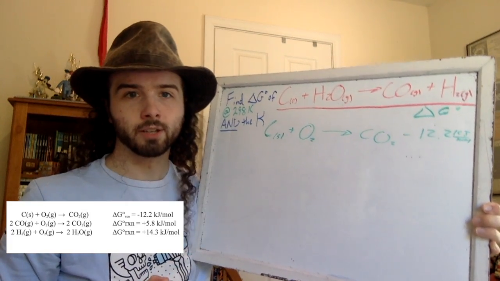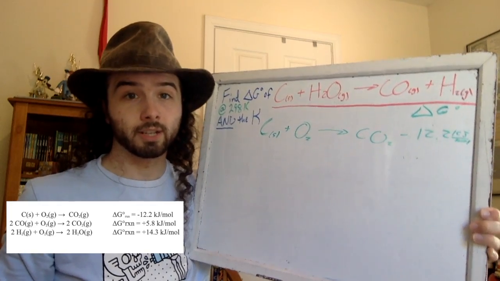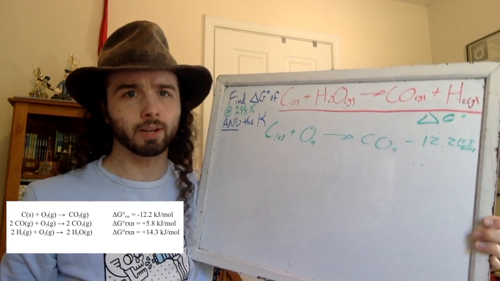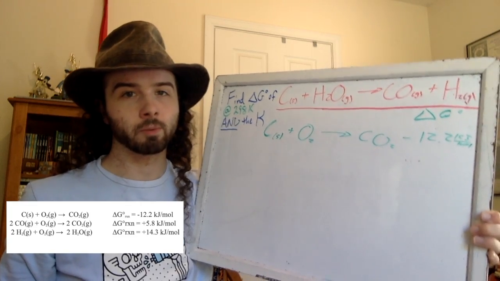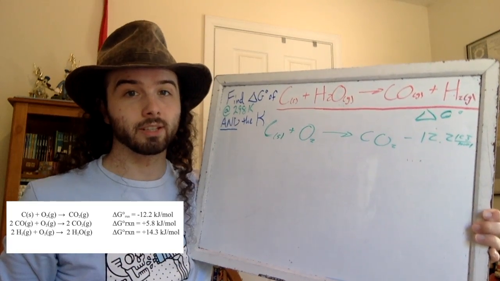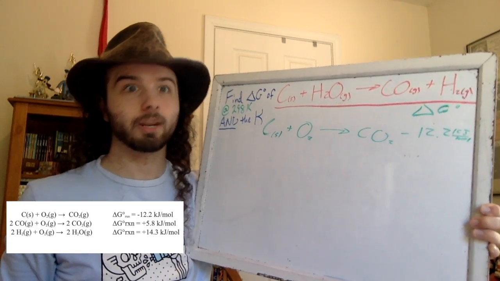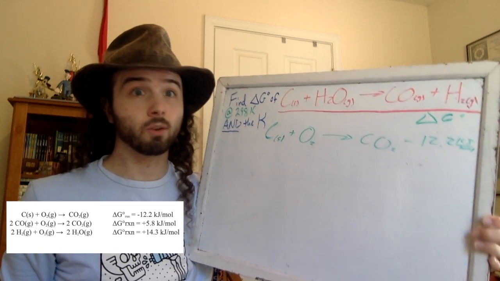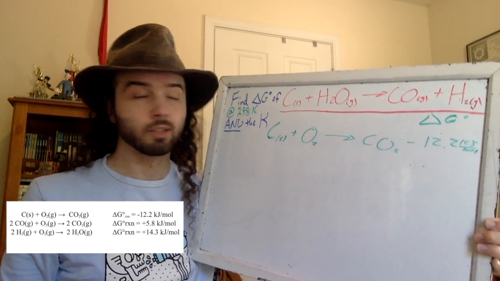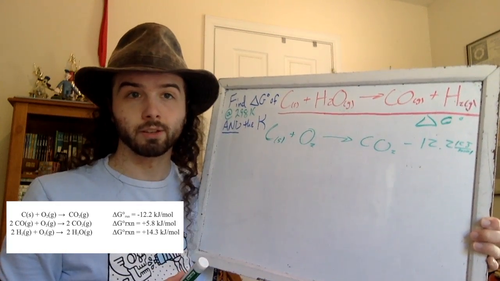So our next equation has carbon monoxide in it, and oxygen, and CO2. But it has too much carbon monoxide. It has 2 moles of carbon monoxide, where we only need 1 in our target here. And it's on the wrong side. It's on a reactant side instead of a product side. So what are we going to have to do in order to get that reaction looking like this reaction?